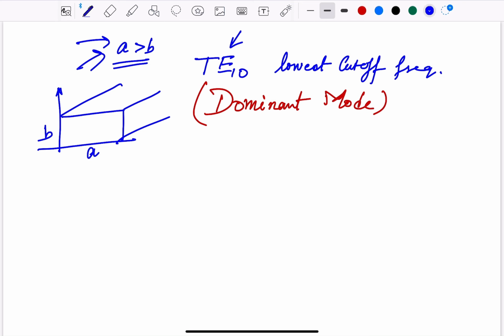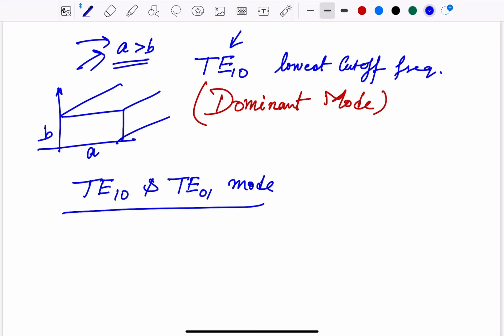Another very interesting fact here is that this TE10 and TE01 mode, these two modes are degenerate modes.